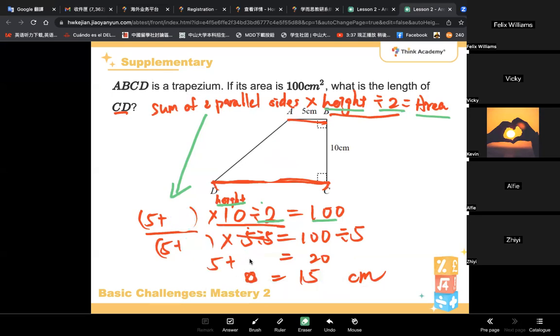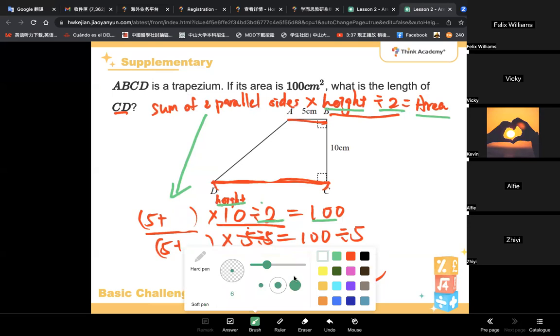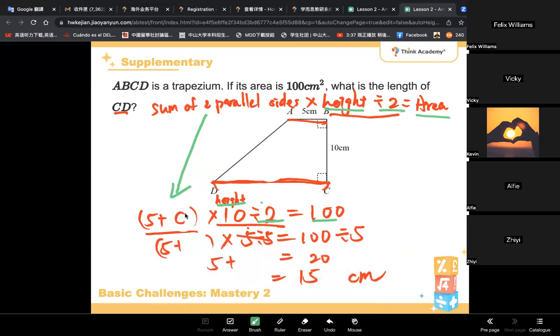So we know this is the length of CD. Okay, Jennifer says, I know now. Thank you, Jennifer. So originally I used CD, but you can use anything you like because we want to calculate how long it is, but we don't know, so we put it there.